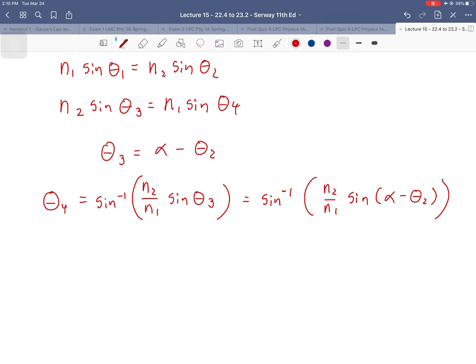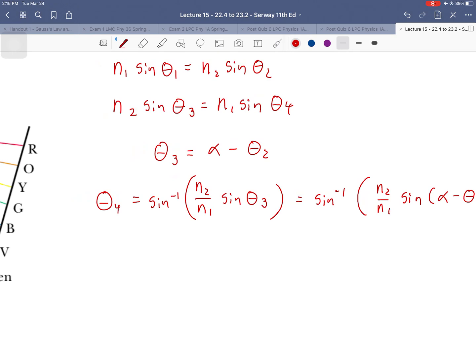Well, really the next step is then to replace theta 2 with an expression that's dependent on theta 1, because then we can just plug in our different indices of refraction and have our ready-made formula. So the last step then is I'll write theta 4 one more time.